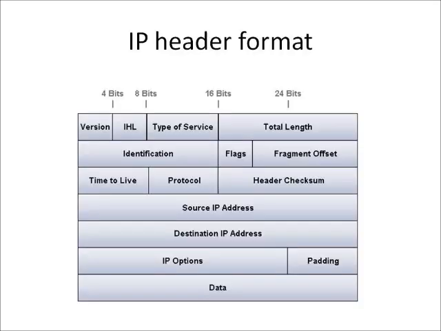Okay, moving on from layer 2 to layer 3, we're going to have a brief discussion about IP. IP, also known as Internet Protocol, is sometimes also brought up as TCP/IP.